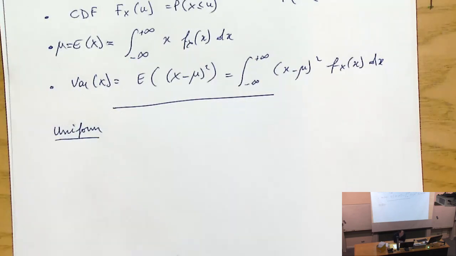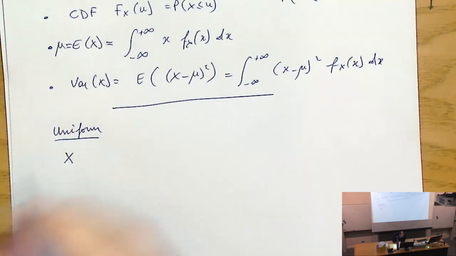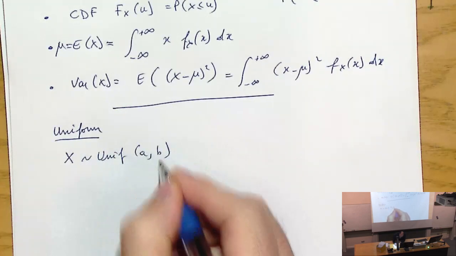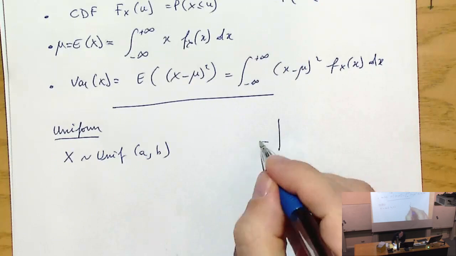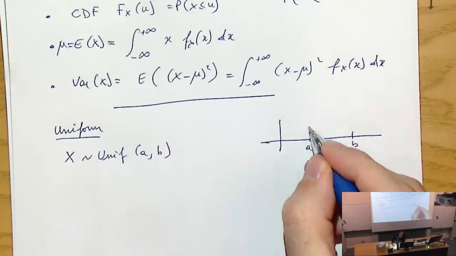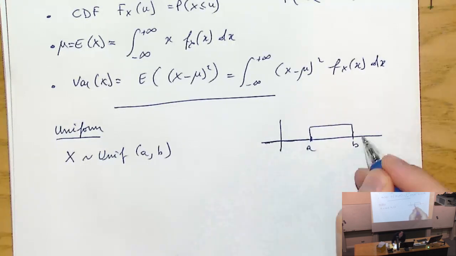So if I have a random variable that is continuous and uniformly distributed, and I can call it this way, x is uniformly distributed between A and B, so within an interval A and B, what that means is that I have a probability density function, a PDF, that is flat between the interval A and B and is equal to 0 outside.